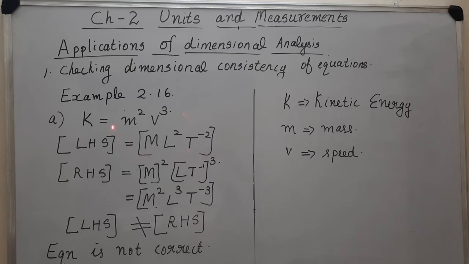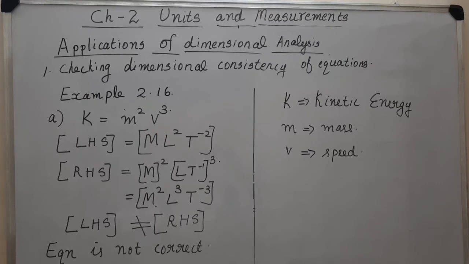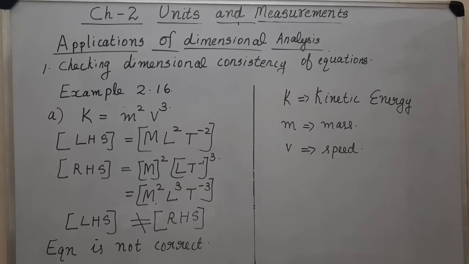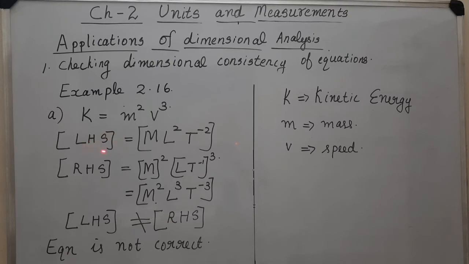So first equation is K equal to M square V cube. So the same principle of homogeneity of dimensions we are following here also. So dimensions on left hand side, it is of kinetic energy. Energy, generally it has the dimensional expression M L square T raised to minus 2. And that on right hand side, it is M square V cube. So M square L T raised to minus 1 cube, because here it is V cube.